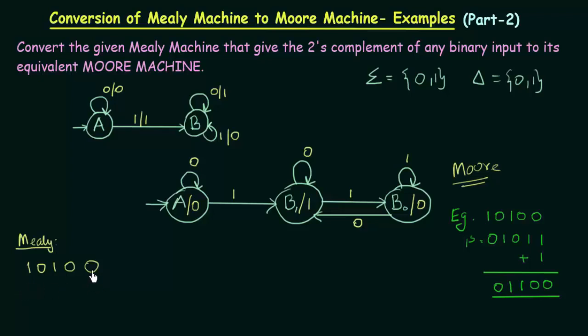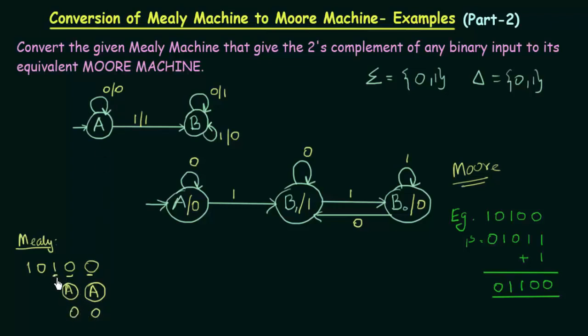So we start with our starting state A, and A on getting input 0 goes to A itself and produces the output 0. Then the next input is 0, and state A again goes to state A itself and produces the output 0.